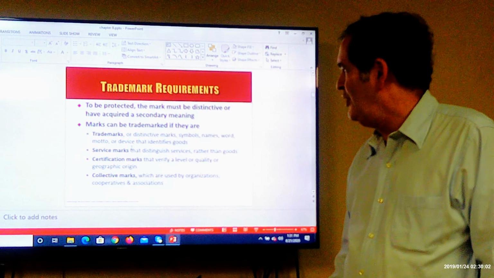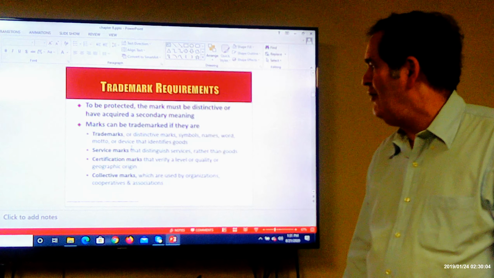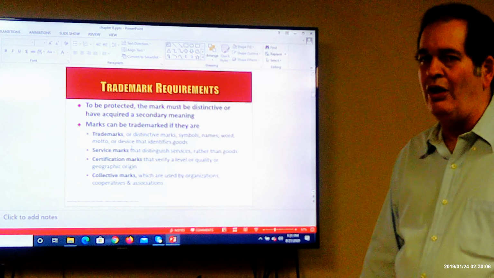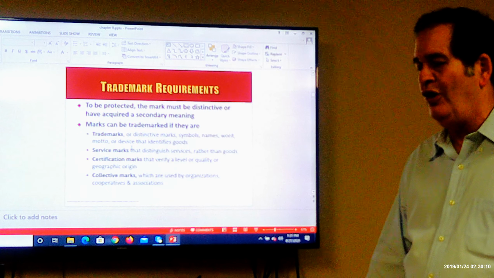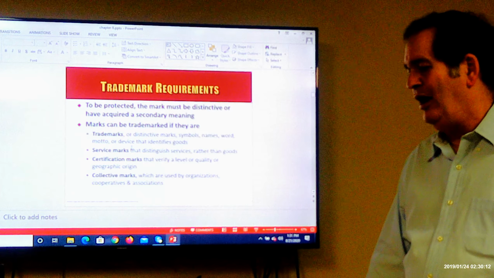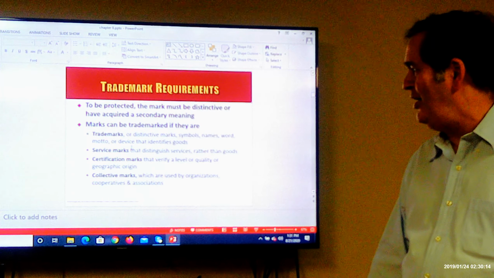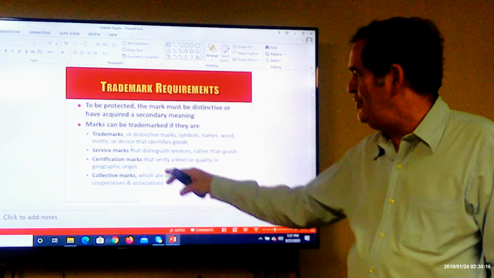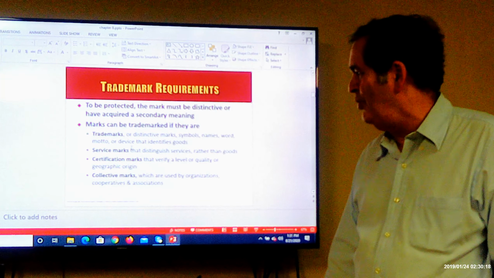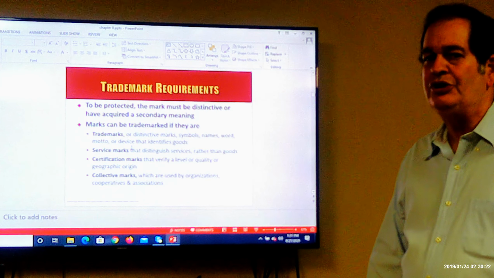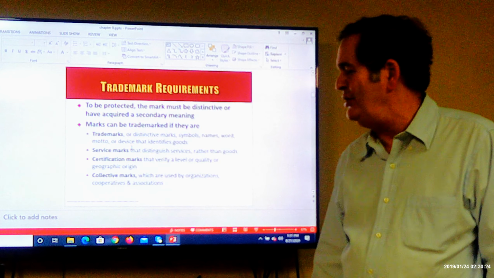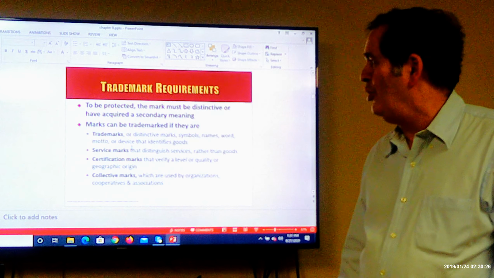Or it can be a certification mark that verifies the level or quality of the good or the geographic origin of the good. So if it's coffee from the mountains of South America, that may be something that you can get a certification mark for. And finally, a collective mark, which is something that's used by an organization, a cooperative, or an association.